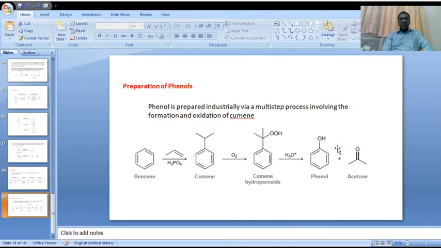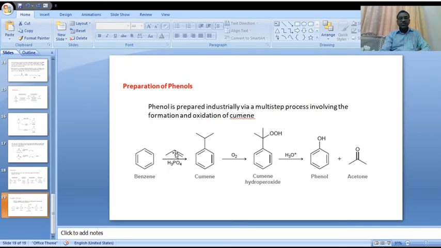Phenol is prepared industrially via a multi-step process involving the formation and oxidation of cumene. Please observe, the starting material is benzene. Benzene reacts with the alkene propylene in the presence of phosphoric acid.